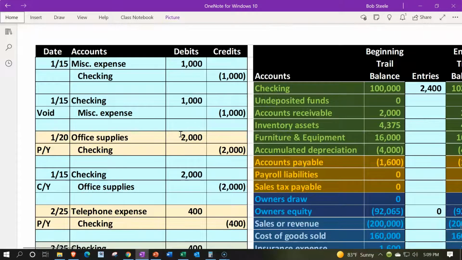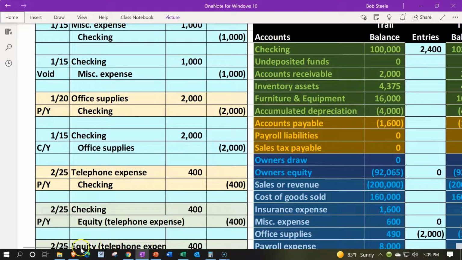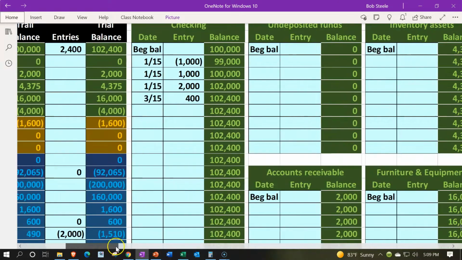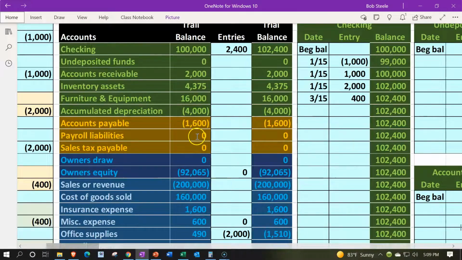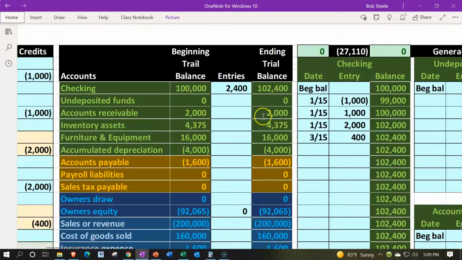So if you saw this in terms of recording the transactions from a journal entry standpoint, you would record the journal entries here. Then typically you would have those journal entries posted to the general ledger. The general ledger then would be used to create the trial balance, which we broke out between beginning and ending, so you could see some of the journal entries we're focusing in on and the direct impact from the beginning to ending balances.